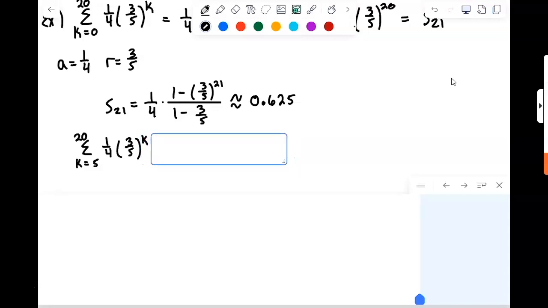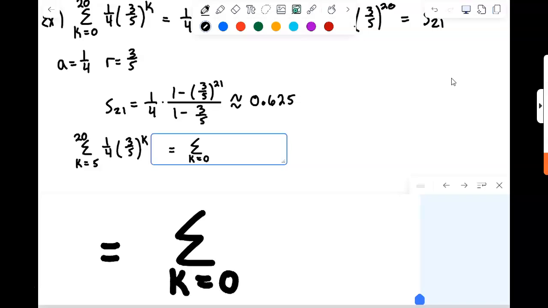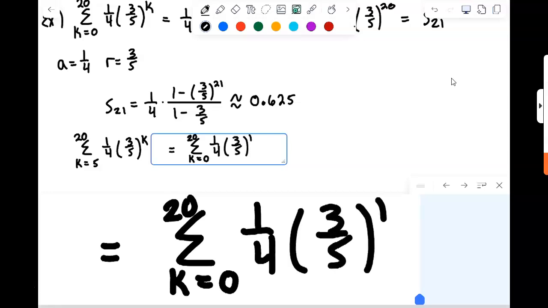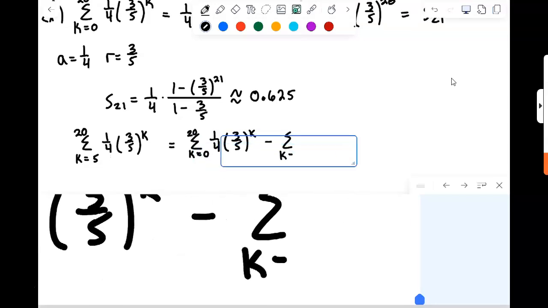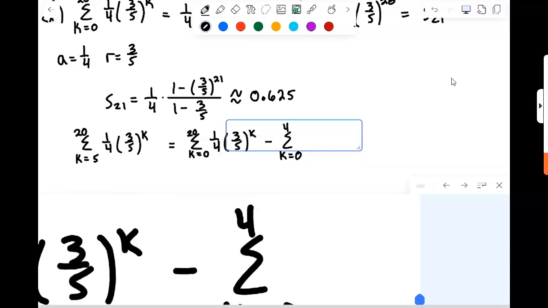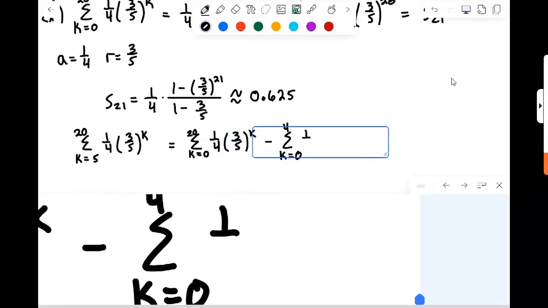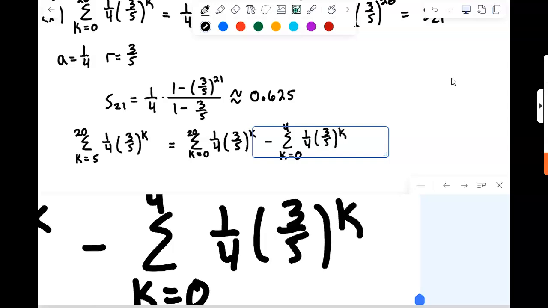You could say, well, this would be the same as the sum as k goes from 0 to 20 of 1/4 times 3/5 to the k, minus the sum as k goes from 0 to 4 of 1/4 times 3/5 to the k.